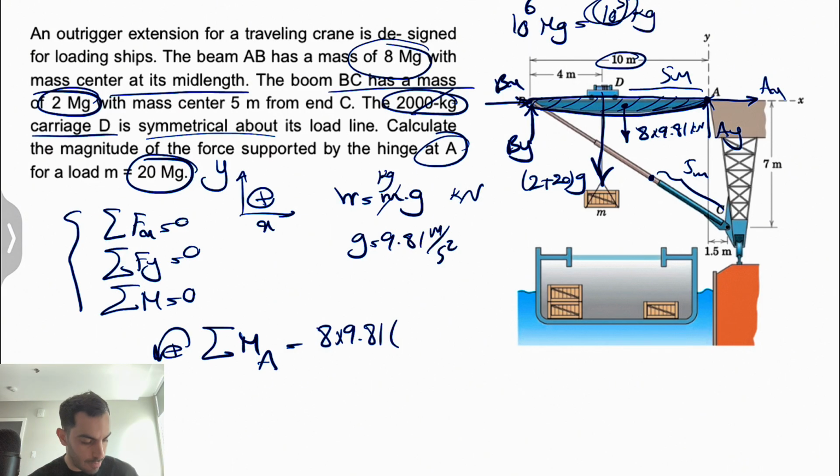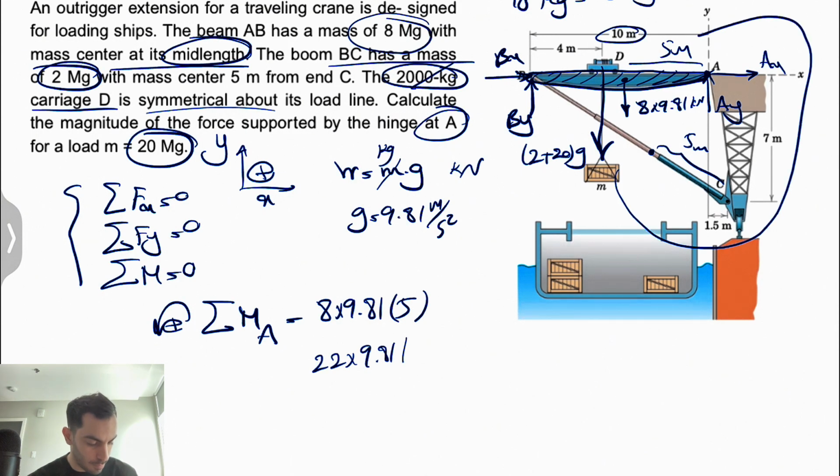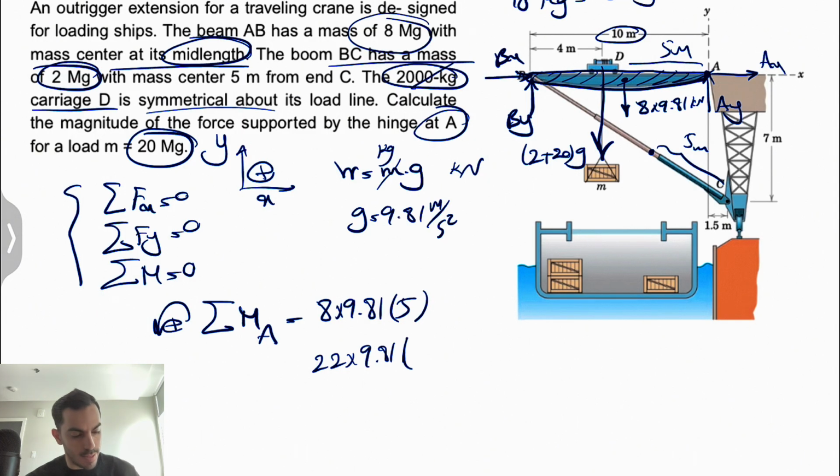So times 5. We're going to have the moment of the carriage and the box, which is 22 times 9.81. Again, same direction, a counterclockwise moment, so positive. And that distance, we know it's 4 meters to the left, so the distance from D to A is going to be 6.